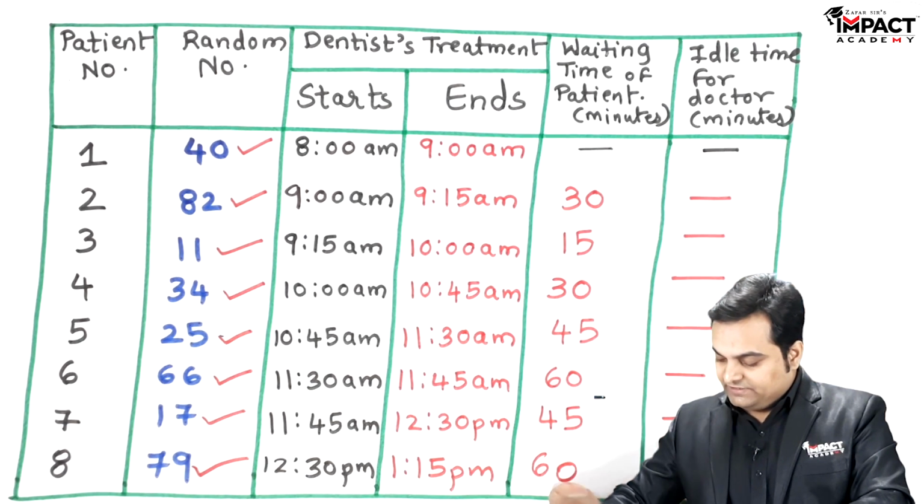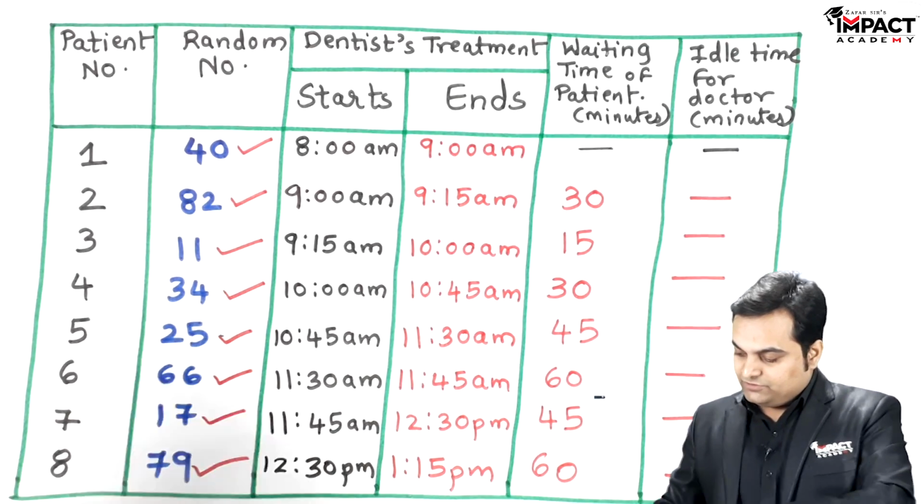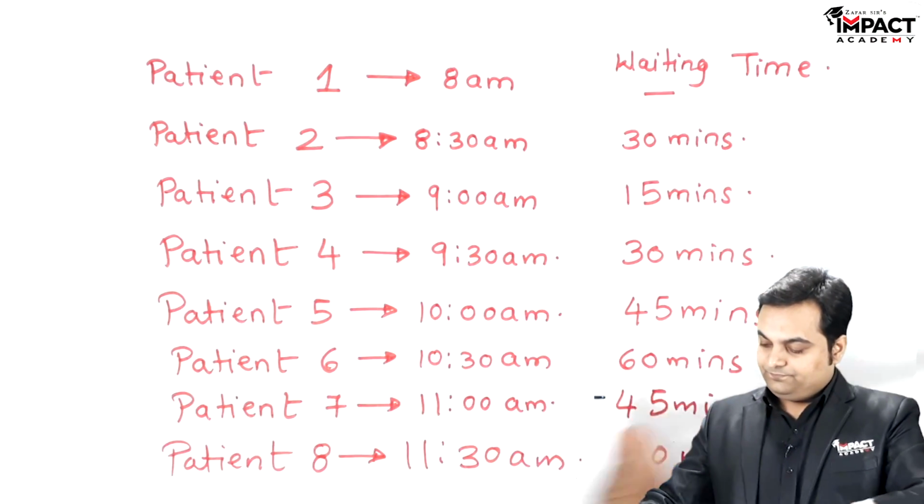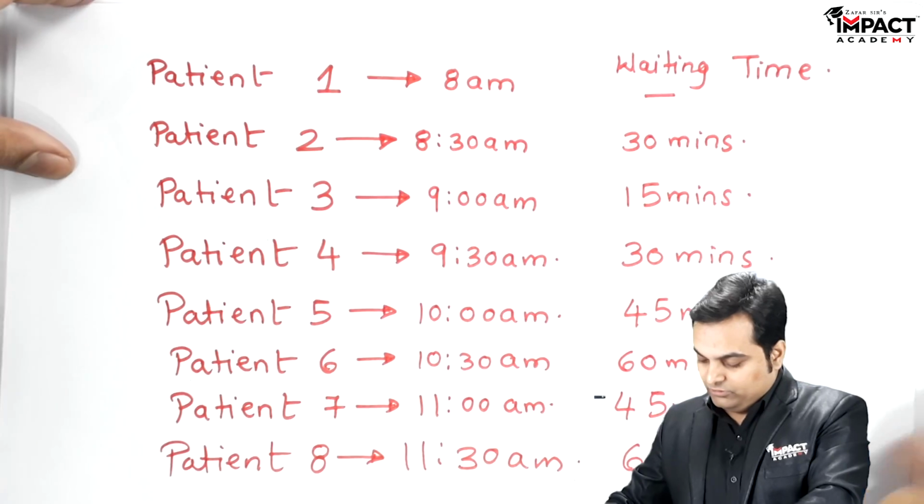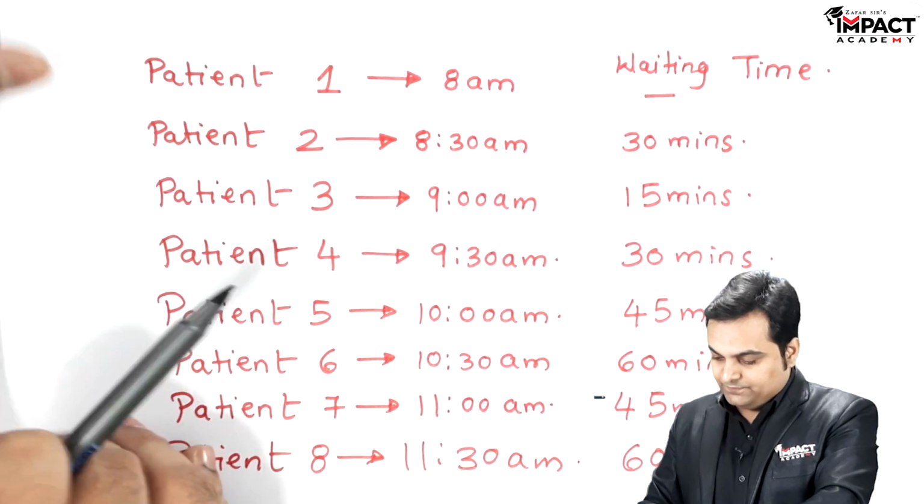So average waiting time is the total waiting time divided by the number of patients. So I can add up all these values and take the average.